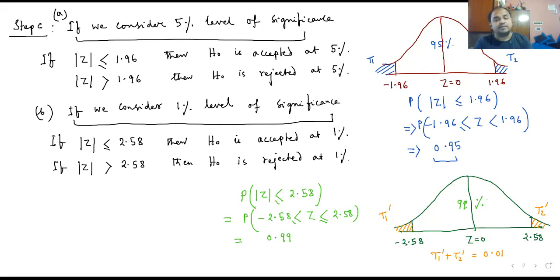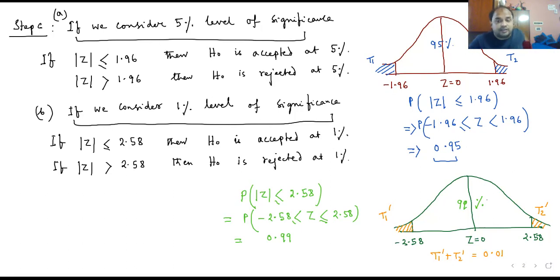If you repeat the experiment, there is a 5% chance that your data is going to fall in the critical region. And if you are dealing with 1% level of significance, that means there is always a 1% chance your data will fall in the critical region, and 99% in the acceptance region. This is the thing that is going to happen if you keep on repeating the experiment again and again.